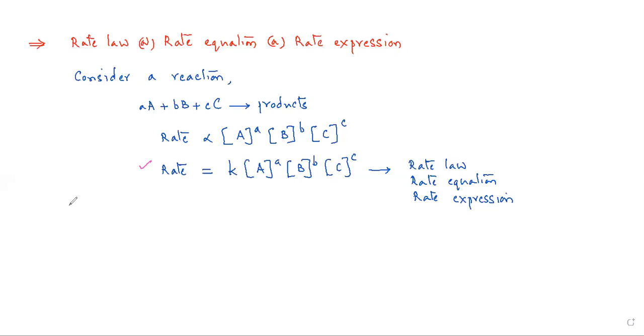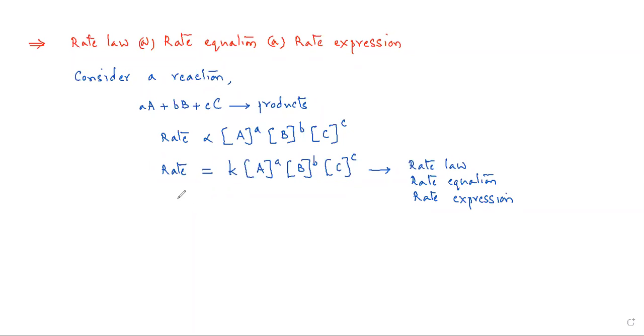It is an equation which relates the rate of the reaction with the concentration of reactants. But writing this rate equation is, of course, very interesting. It is not that simple.